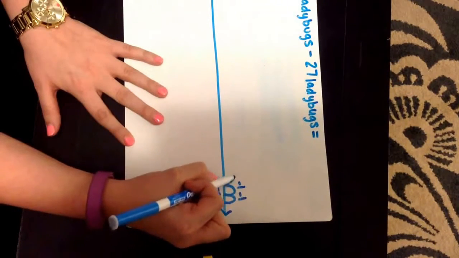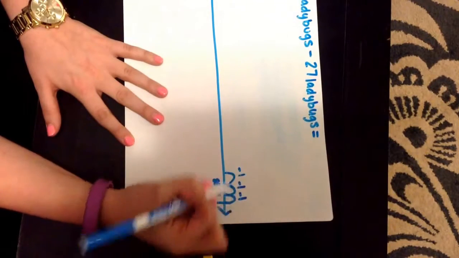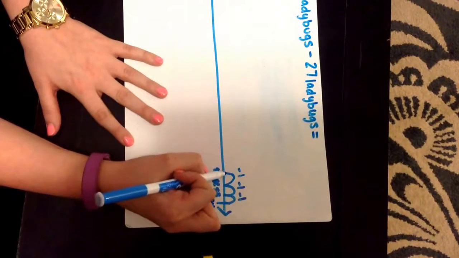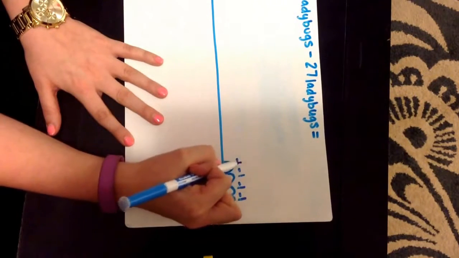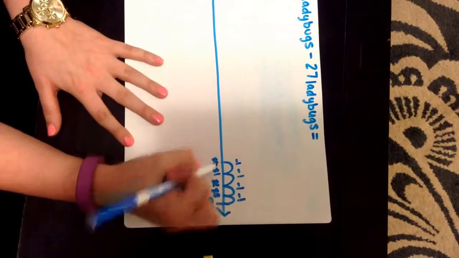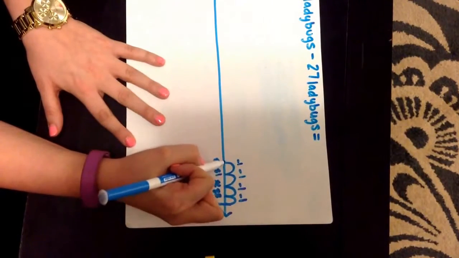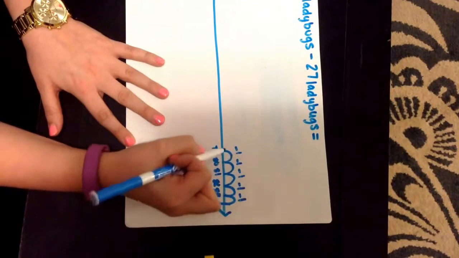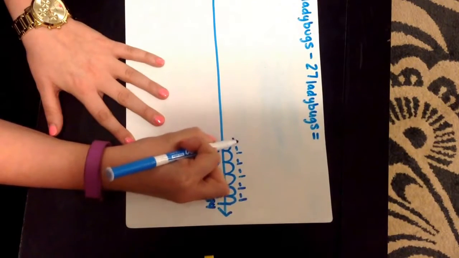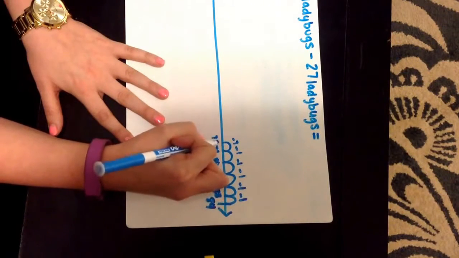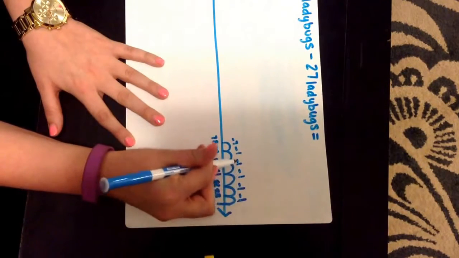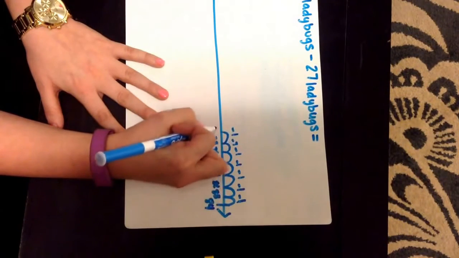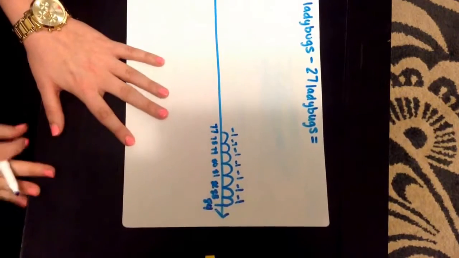Again, subtracting 1, landing at 81. And again, subtracting 1, landing at 80 ladybugs. We're going to continue this all the way until we have subtracted 7 ladybugs. 1, 2, 3, 4, 5, 6, 1 more. Subtracting 1 from 78, landing us at 77 ladybugs.